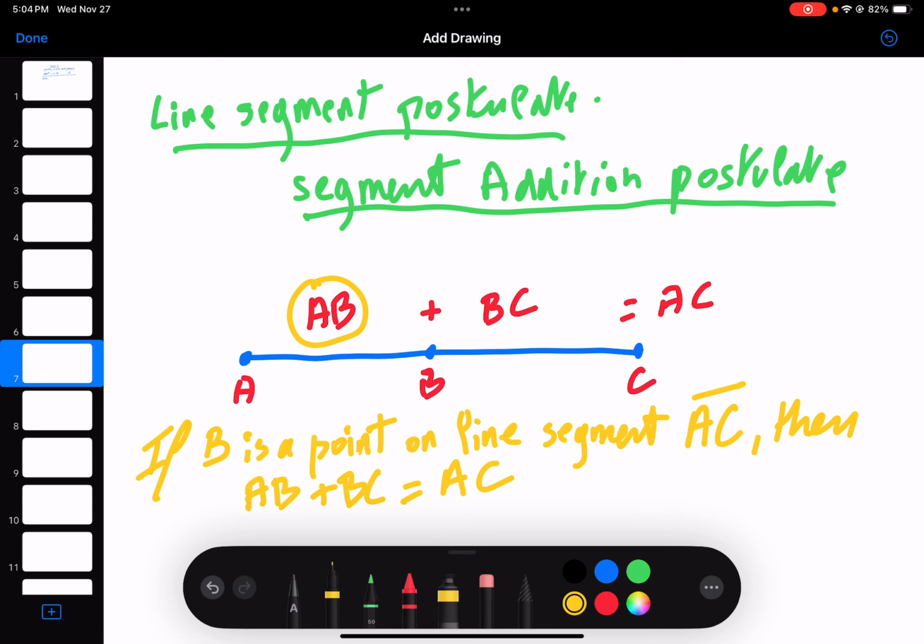That's AB plus BC is equal to AC. So this is the thing to keep in mind. All right, moving on.